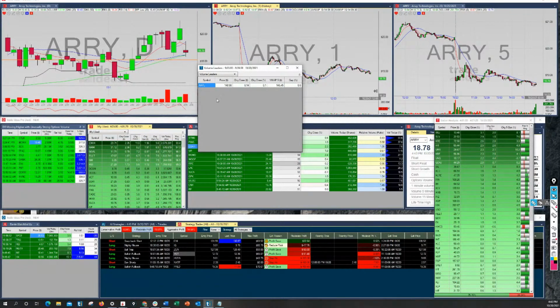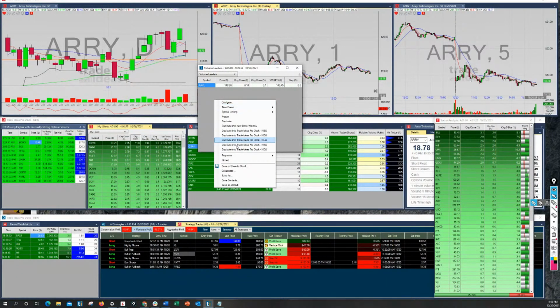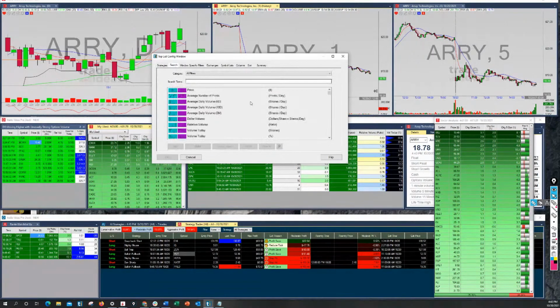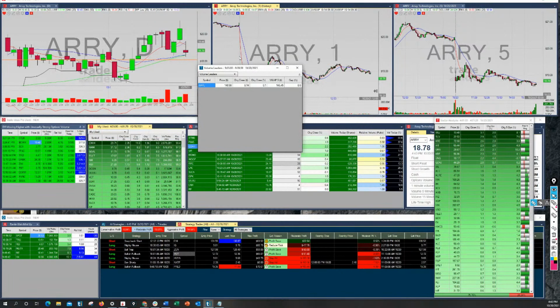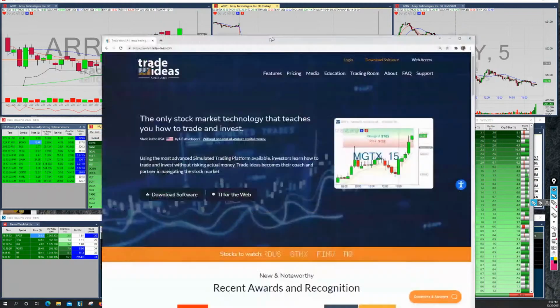There is a limit to how many columns you can put in, of course. But come into configure, come to search, and you can add any one of these as a column to a top list and go back and look that way as well to double check your data about something. It's the same thing as that stocks like this page that I brought over before.